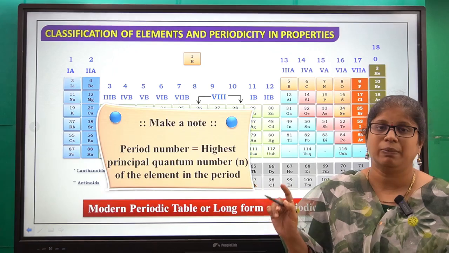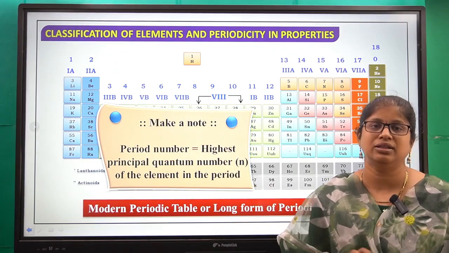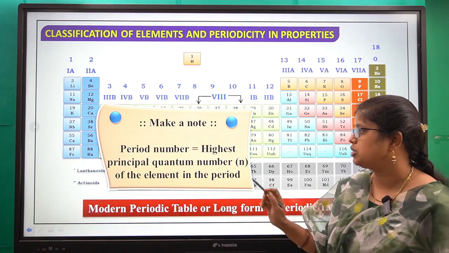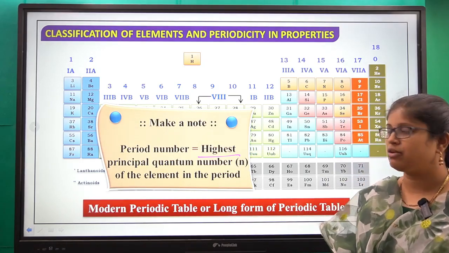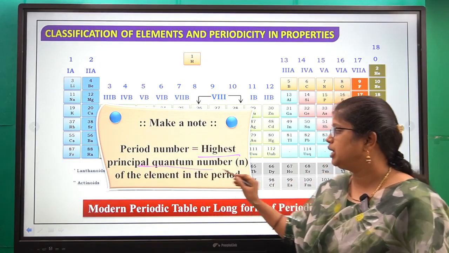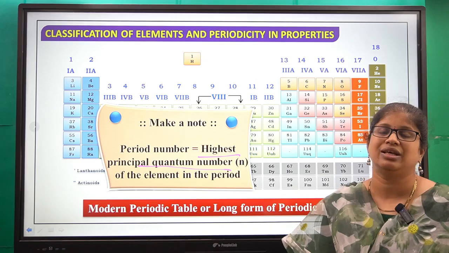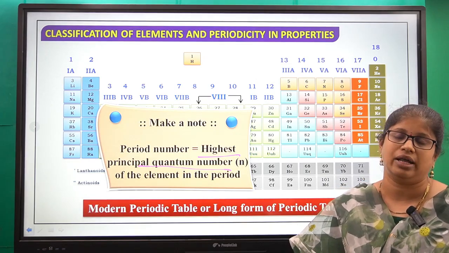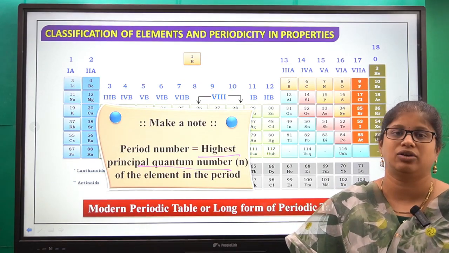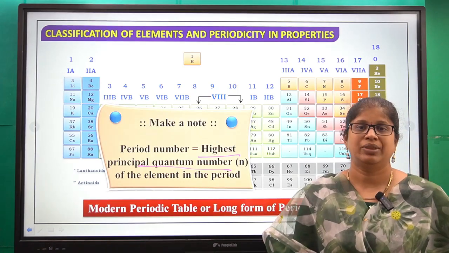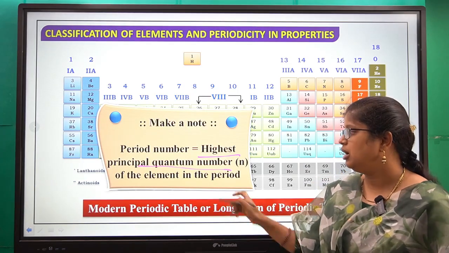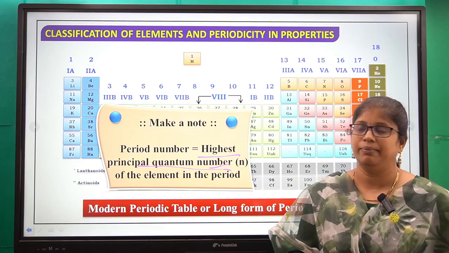Based on that principal quantum number, we can say to which period it belongs. Okay, so period number is equal to the highest principal quantum number. That means the shell to which the last differentiating electron enters, or the orbit to which the last electron entered, gives the highest principal quantum number.